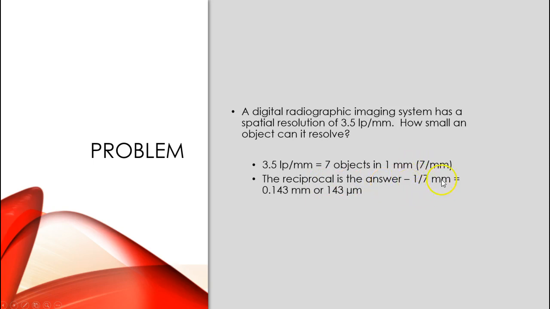So you're just going to invert your fraction so that it reads 1 over 7, and that is going to be equal to 0.143 millimeters. If you convert that into microns, the answer to how small of an object can be resolved on this digital imaging system that has a spatial resolution of 3.5 line pairs per millimeter is 143 microns.